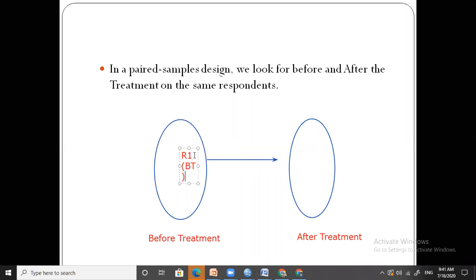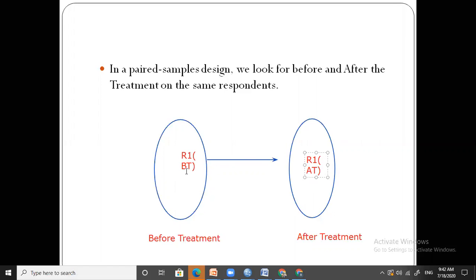The respondents will remain the same, so here it is R1 after treatment. Therefore, I have used the same notation, R1 and R1, because the respondents are the same: R1 before treatment and R1 after treatment, right?